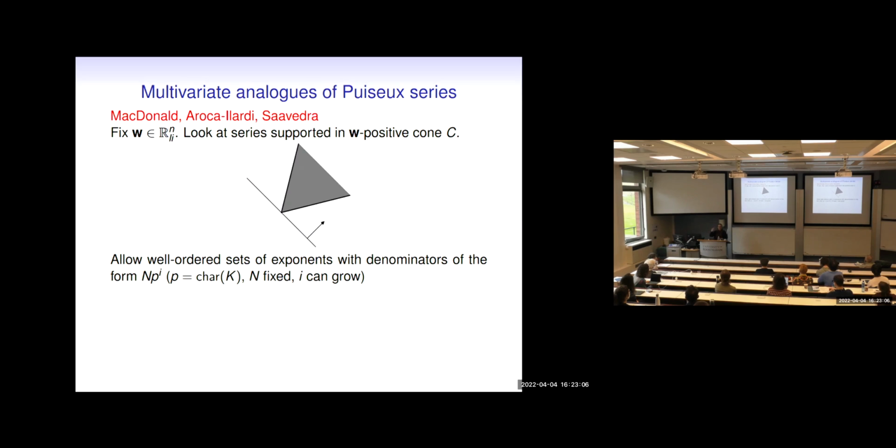In characteristic P, we couldn't prove that fact yet. I kind of suspect it might be true. What do I mean by that? If I tell you that the roots are all supported in this cone, then that's W positive for a lot of different Ws, and your polynomial only has finitely many coefficients. So there is some sort of thing, but we couldn't do that. We were somehow getting an infinite chamber decomposition. All we can prove at the moment in characteristic P is some infinite chamber decomposition, which stops us from having that generalization.